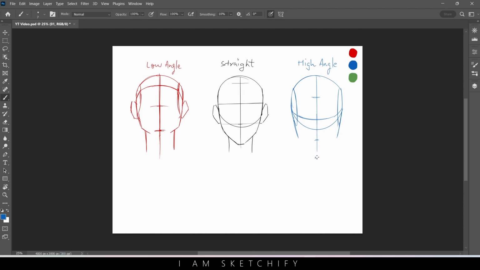Here the jawline will appear clear and sharp in comparison to the other head. Now the ears. The ears in this case will appear a little higher than the normal view.